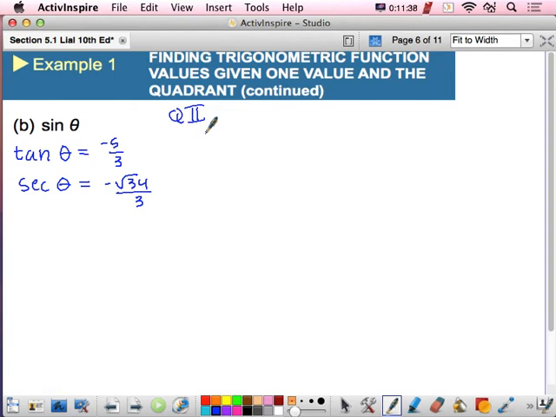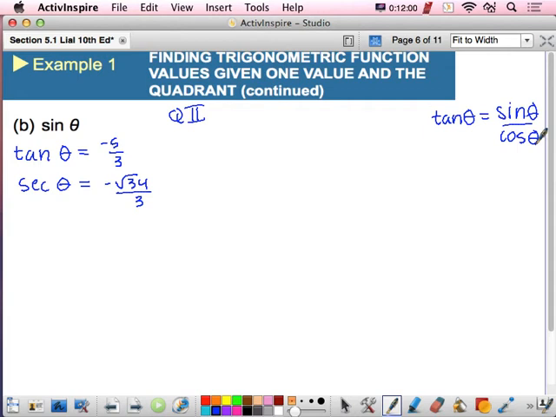Okay, is there a direct link between tangent and sine? There is a link. We know that tangent equals what? So we do know that tangent equals sine over cosine. But that's not direct, because in order to find that, I would also need to know the value of cosine. But that is one option, right?